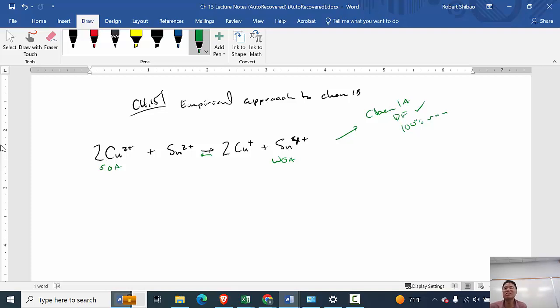In Chem 1B, we'd start to worry. How big is that driving force? Is copper 2 a lot stronger than tin 4 or a little bit stronger than tin 4? Only a little bit stronger. If it's only a little bit stronger, then is there a chance that some of these can go backwards, can go back up the hill? And so this is a downhill reaction. But in Chem 1B, we start to worry about, will the entire population stay at the bottom of the hill?